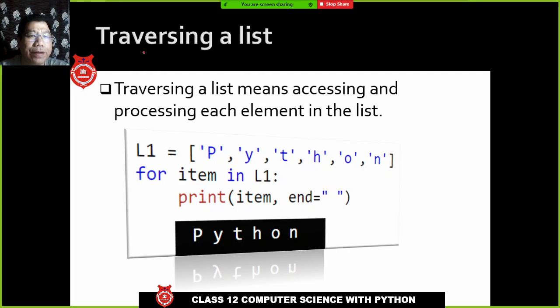The first one, traversing a list. Traversing a list means accessing and processing each element in the list one by one. All right.